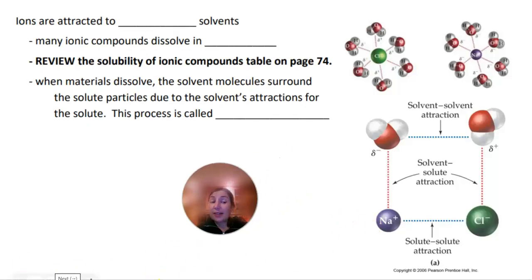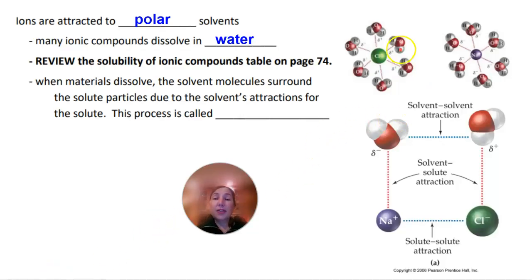So ionic substances are next. Ions are attracted to polar solvents. The reason being ions are full-on plus and minus charges, and so they're going to be attracted to the delta positive, the slightly positive, and slightly negative in polar solvents. Many ionic compounds, not all of them, but a lot of ionic compounds dissolve in water because water can surround those positive and negatively charged ions.